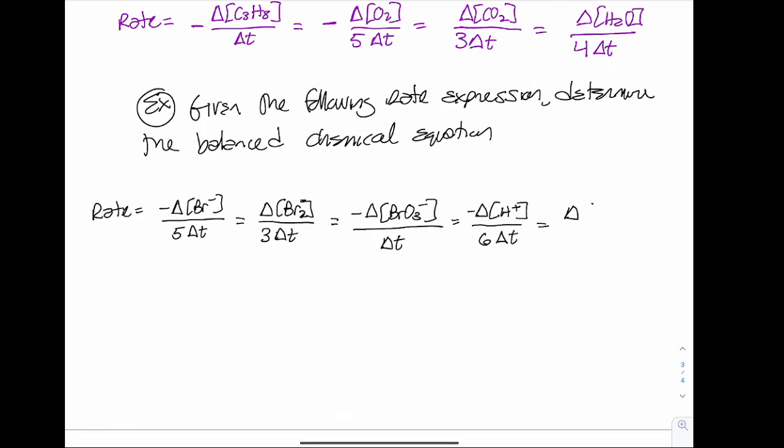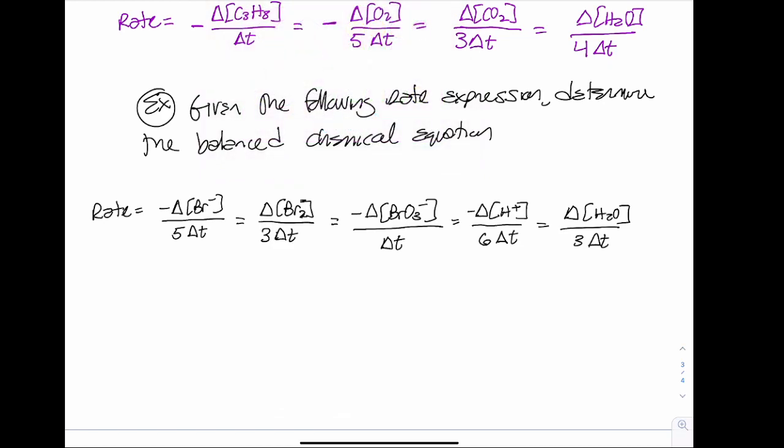And then water with a 3. So all of this is given in the problem, and we're going to actually write the balanced chemical equation. And again, if you want, I want you to want, so hopefully you want, hit pause, give this one a shot on your own, and then when you're ready, hit play again. You can check your work.